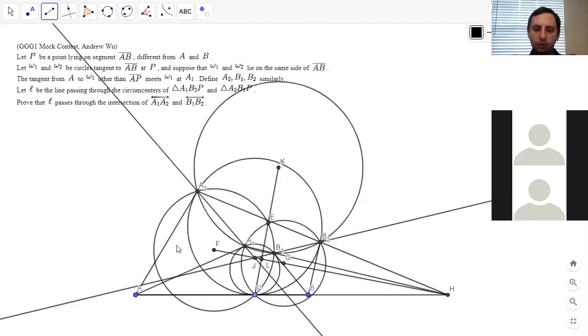That inversion would fix those points and swap P and E. We know PE is perpendicular to FH. Maybe we could show PK is perpendicular to FH.